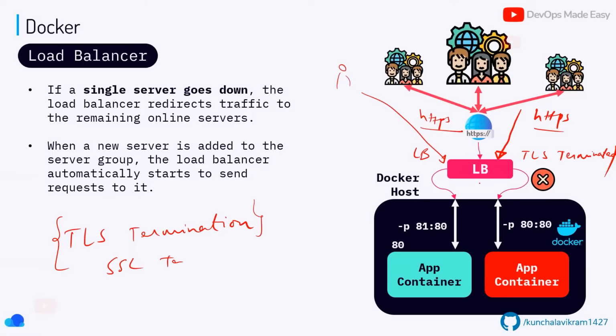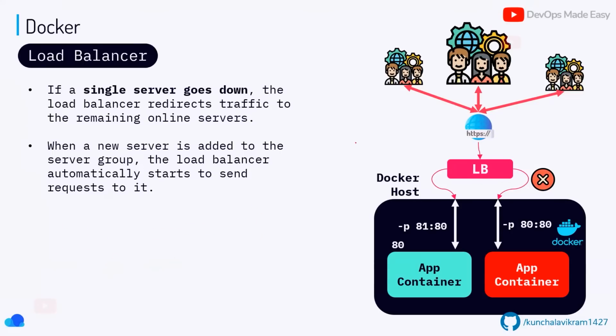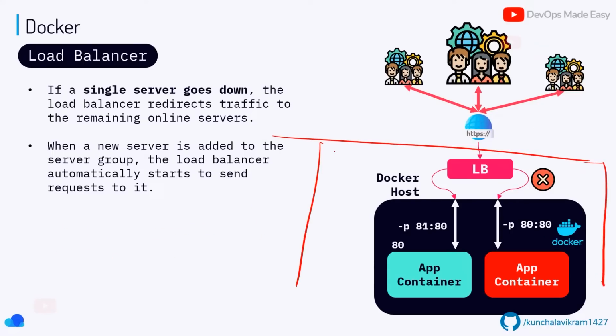LB resides within your network, it is in your control. So till LB, you will allow HTTPS traffic. But after LB, if you want to forward the traffic to any instances, it is always HTTP, because you ended the encryption or TLS at LB.